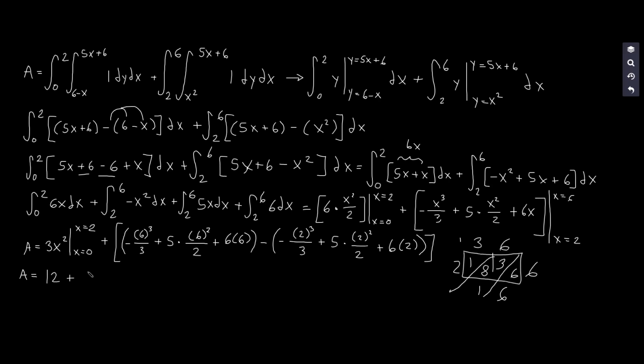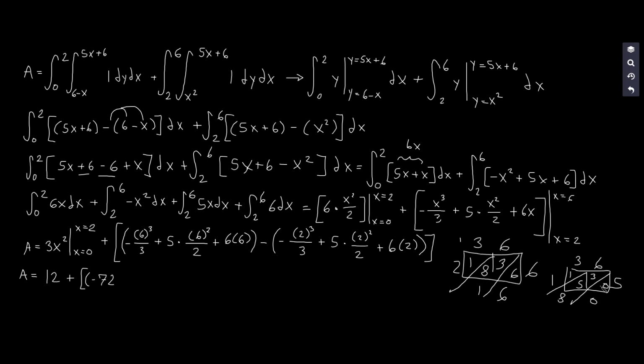So this is going to be plus negative 72. 6 times 6 is 36. What's 36 times 5? 180.